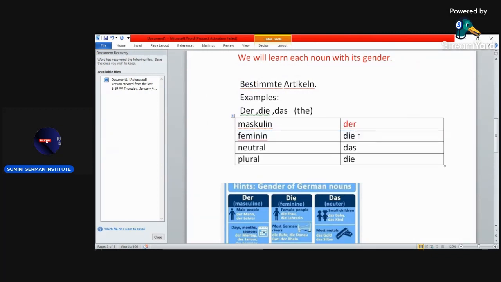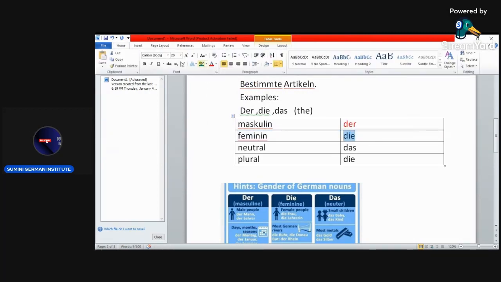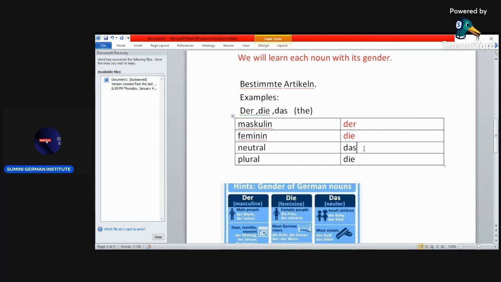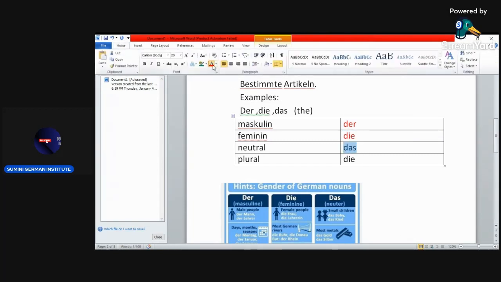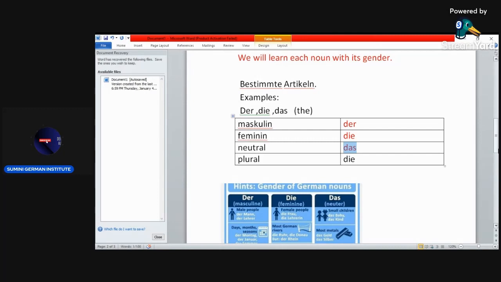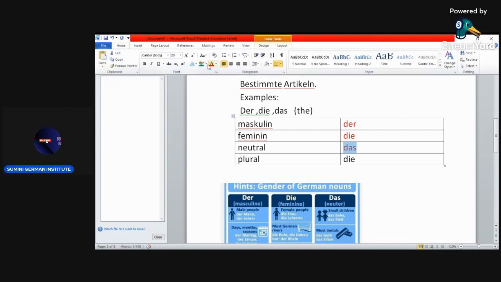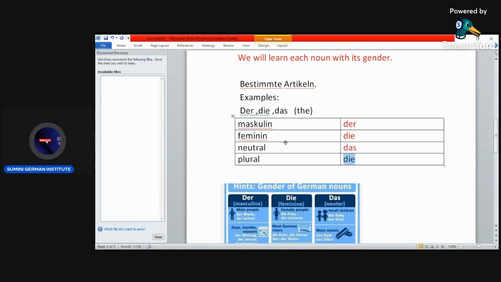Die represents the feminine. Das represents neutral. And there is also plural. So der represents masculine, die represents feminine, das represents neutral, and die also represents the plural.